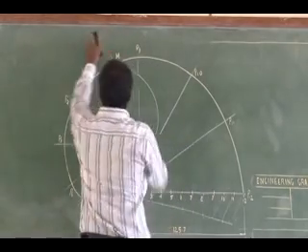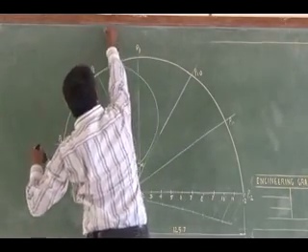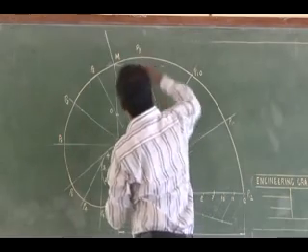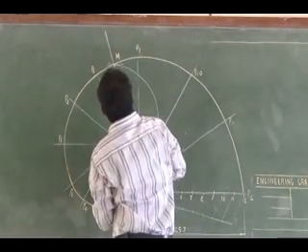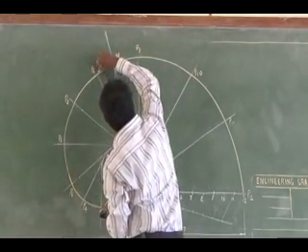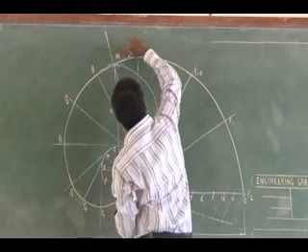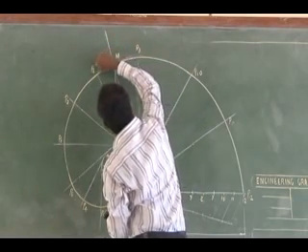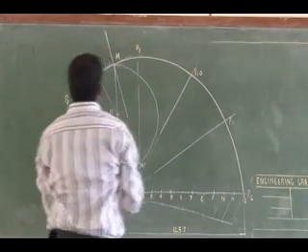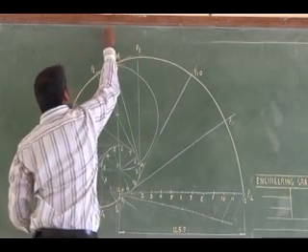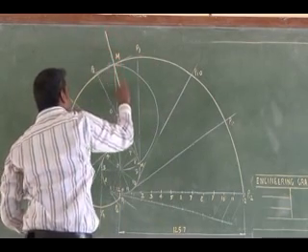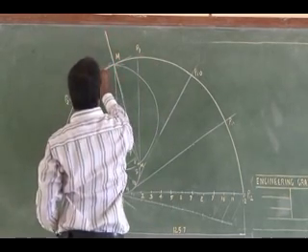So perpendicular to that I can draw a tangent. So a portion of normal and tangent you can calculate.